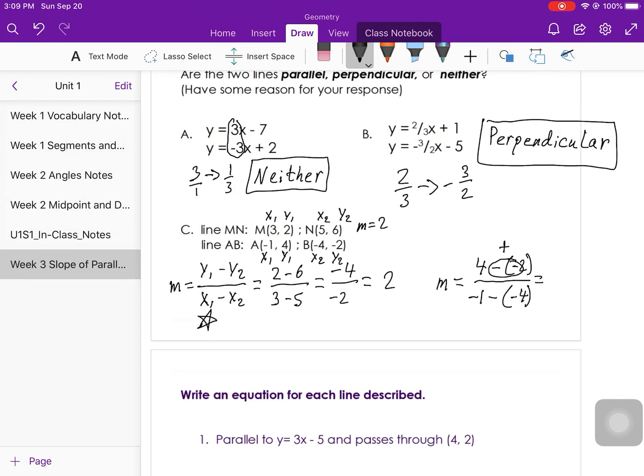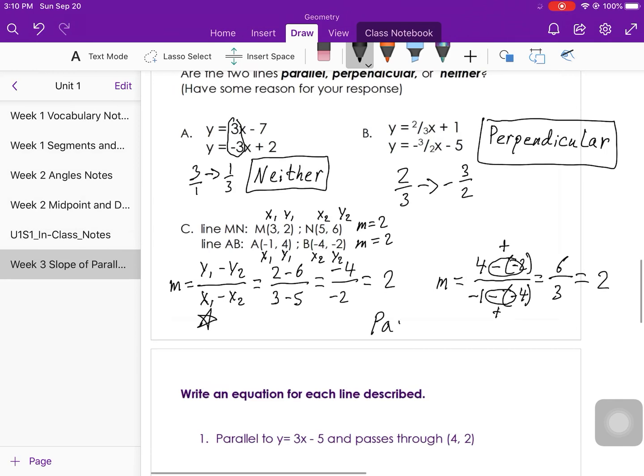So we end up getting 4 plus 2 is 6. And then the bottom, negative 1 minus a negative 4. Again, we're going to add 4, but since it's a negative 1, the answer ends up being 3. And 6 over 3 reduces down to 2. So our slope is the same for the top line and the bottom line. Therefore, we get a parallel relationship.